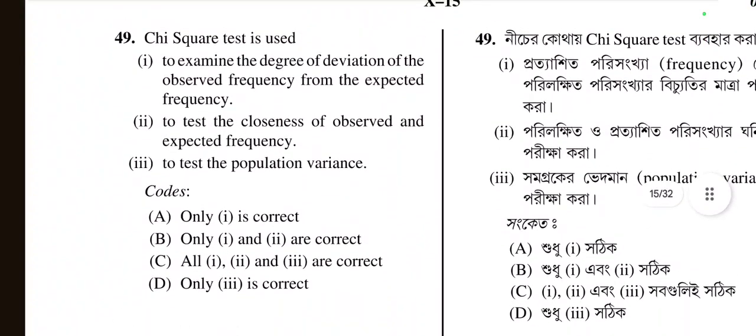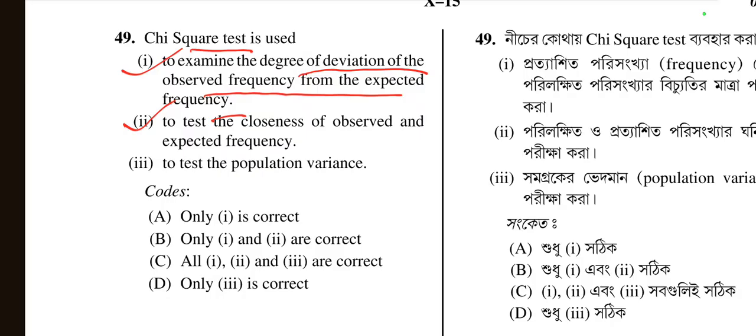Then come to question number 49. Chi-square test is used to examine the degree of deviation of the observed frequency from the expected frequency. Yes, this is correct. Chi-square test is used to test the closeness of observed and expected frequency.